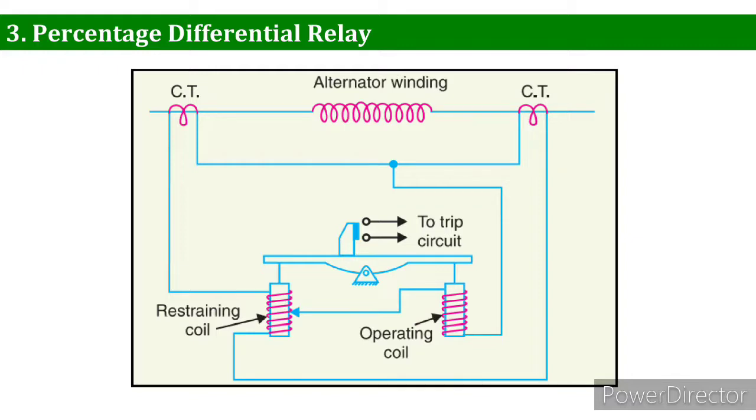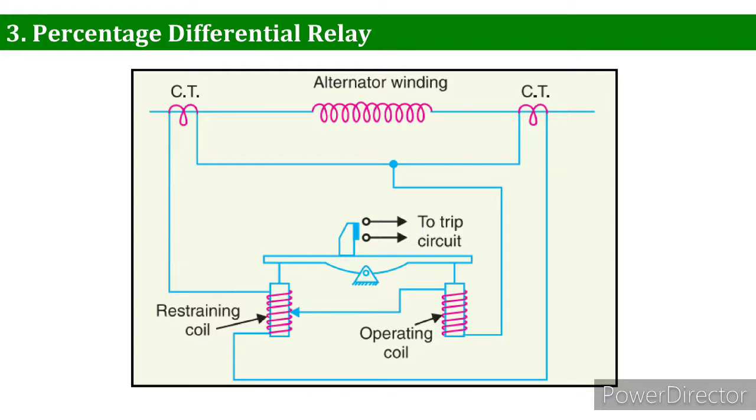As we can see, under normal conditions and load conditions also, the bias force due to the restraining coil is greater than the operating force. Therefore, the relay remains inoperative.